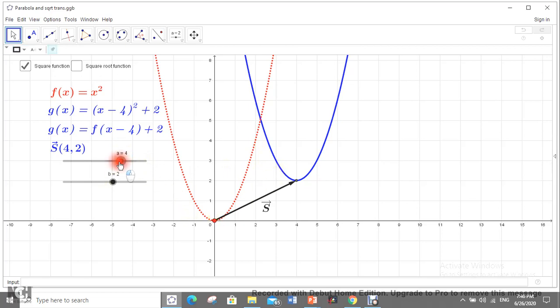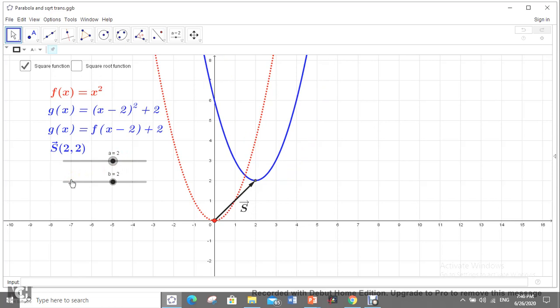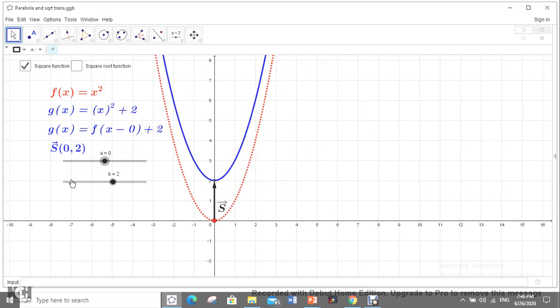If we change the value of a, you can see that the curve of g will be changed, and here the translation vector is (0, 2), and we have 2 units up from the curve of f.